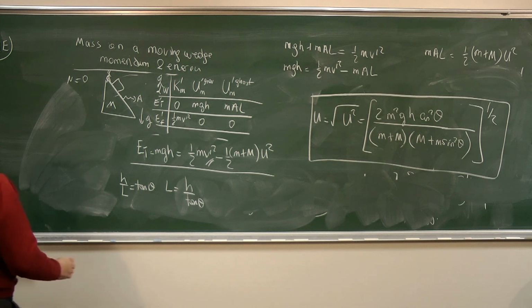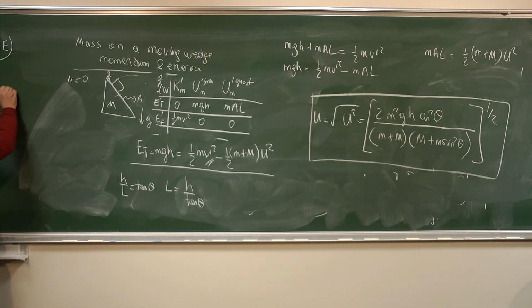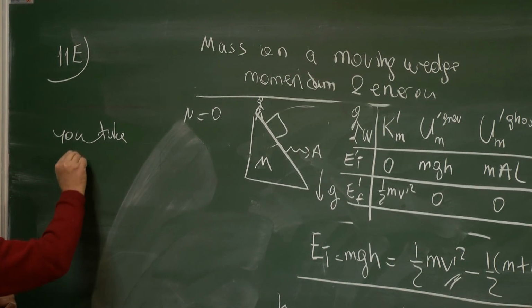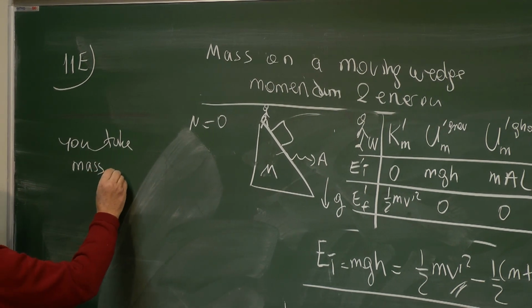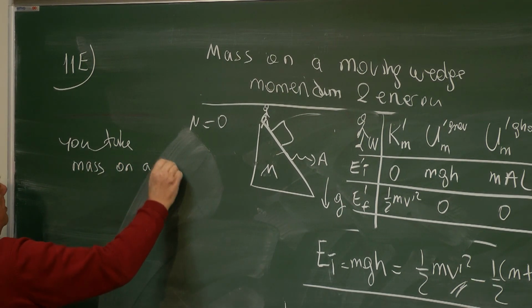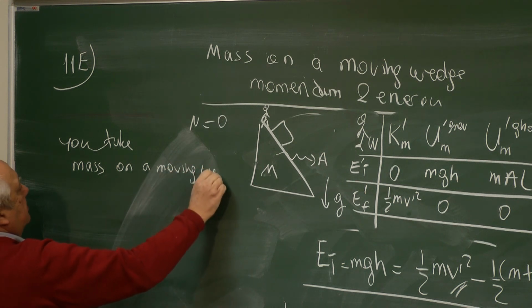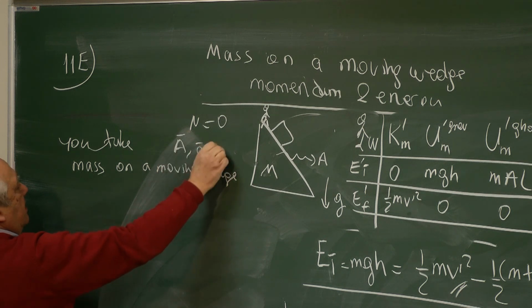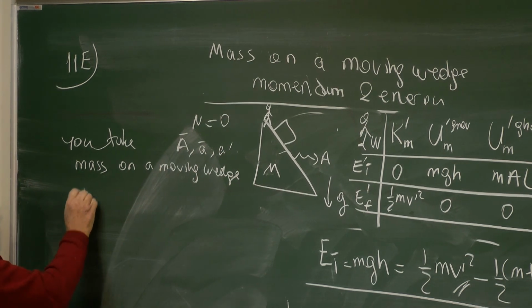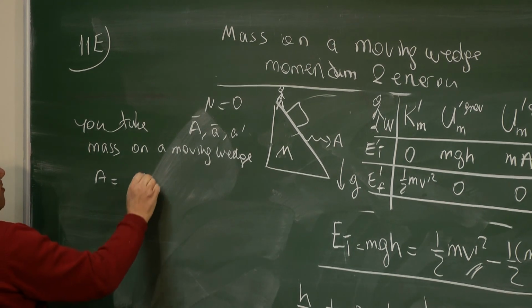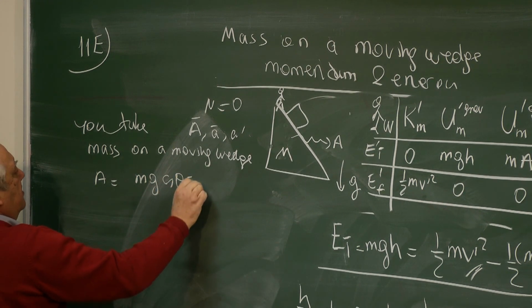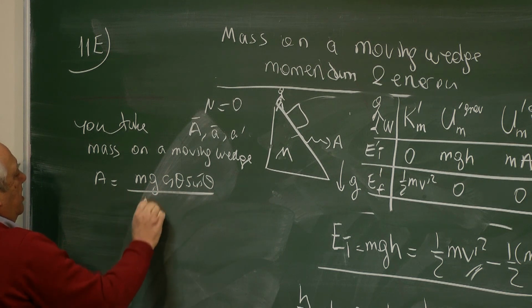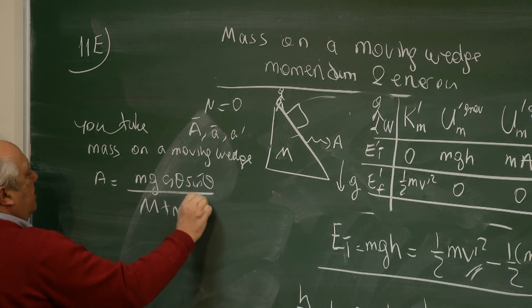If you look at, for example, the video on a mass on a moving wedge, where we solved the dynamic problem, namely we found the accelerations a and a prime. There a is mg cosine theta sine theta divided by m plus M sine square theta.